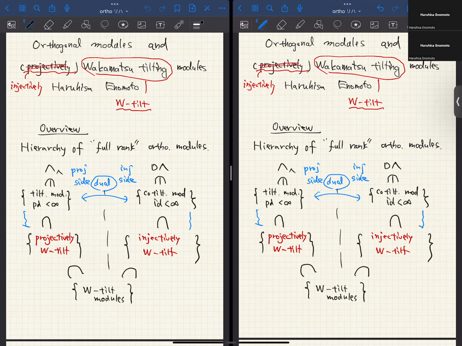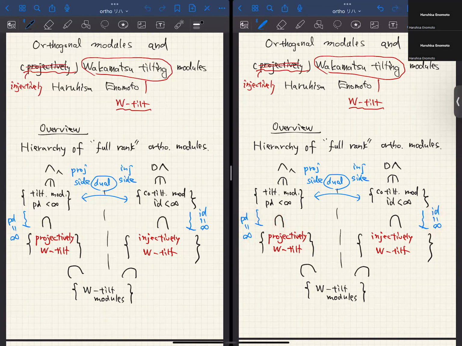The projectively Wakamatsu tilting module is a generalization of tilting modules to allow infinite projective dimension, and this is for infinite injective dimensions. Tilting and cotilting modules should satisfy finiteness of homological dimensions, but these are generalized with respect to such a restriction.